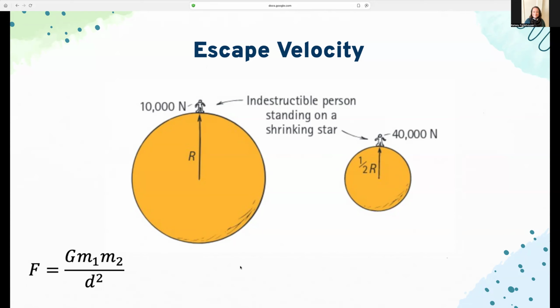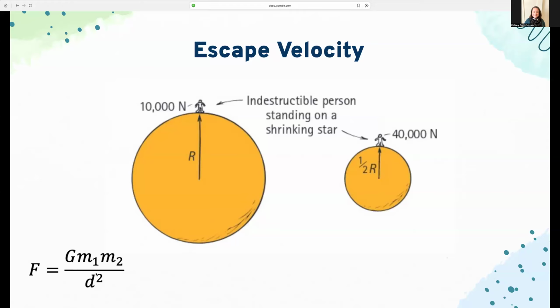So if the star shrinks by half, that would be it collapsing into itself some. The distance between the indestructible astronaut and the center of the star, that was an accidental mistake, decreases by half, and that makes the force they experience increase by 4.